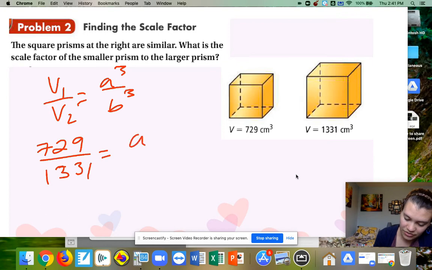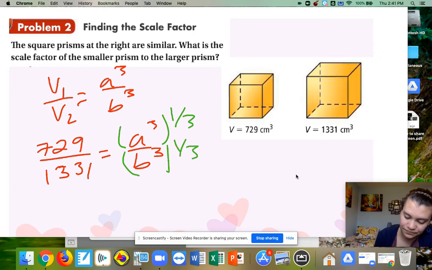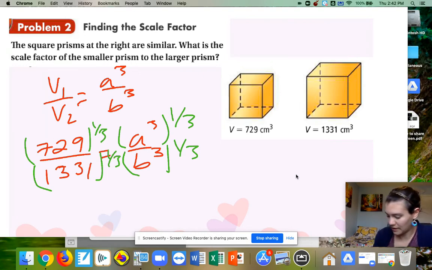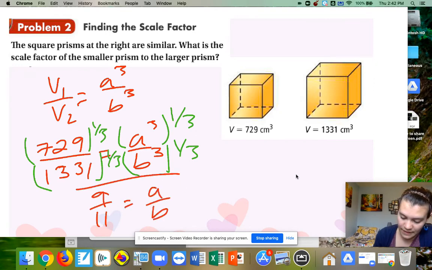So then we just figure out what the A and B are. Here we want to undo the cubes. So to undo a cube, you want to raise everything to the power of 1/3. And you'll get an answer of 9 over 11, and that would be your scale factor.